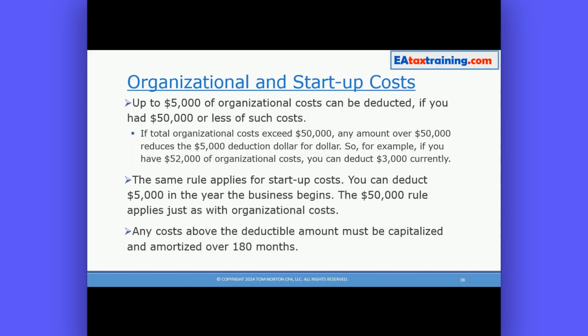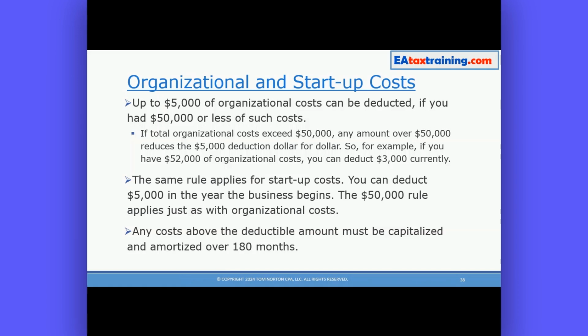So here we have this example. If total organizational costs exceed $50,000, any amount over $50,000 reduces the $5,000 deduction limit dollar for dollar. So for example, if you have $52,000 of organizational costs, you can deduct $3,000 currently. So you have to take the $5,000 and reduce it by the amount over $50,000, which was $2,000. So you can deduct $3,000 currently.